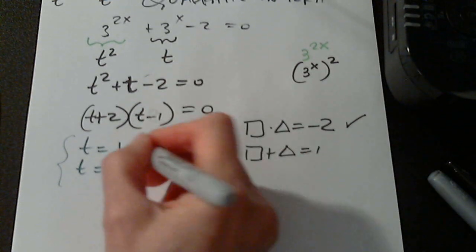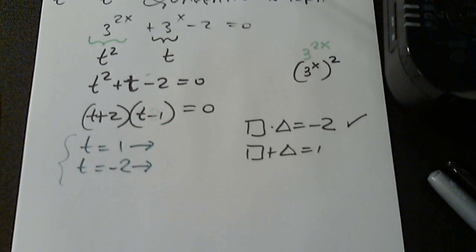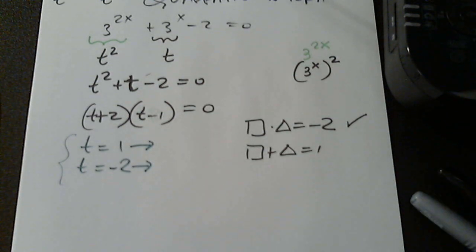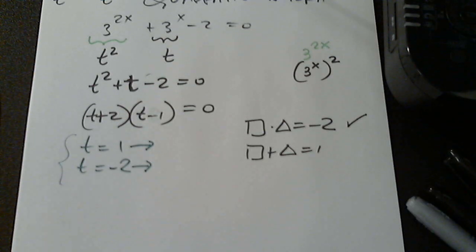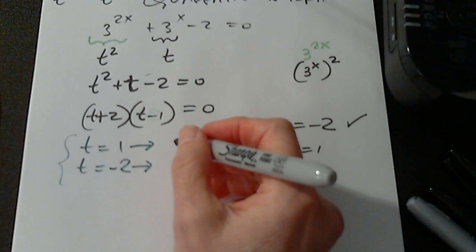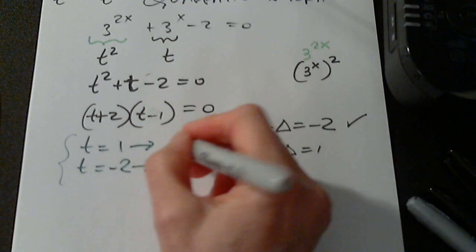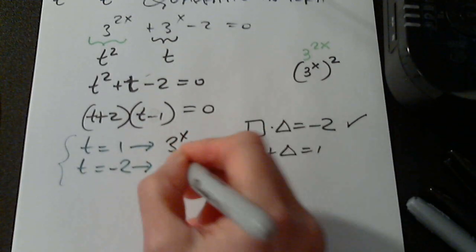No. So this is a new equation, and the new equations are, can anyone give us the new equations? Which two equations do we have to solve now? Three to the x equals -2, 3 to the x equals 1. Excellent.